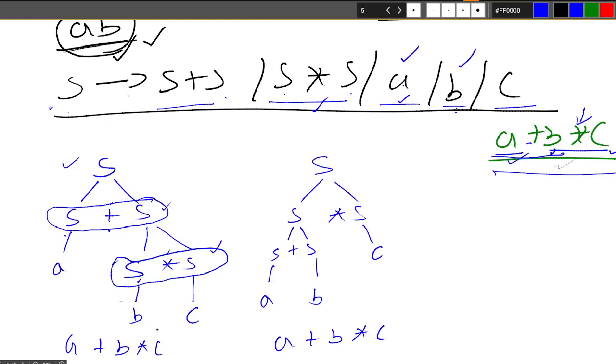Okay. So for this derivation tree, the multiplication will be performed first, and whatever result you get, that will be added to a.